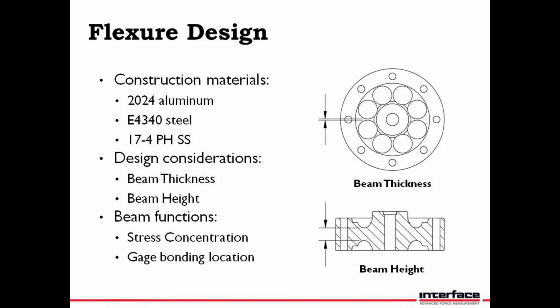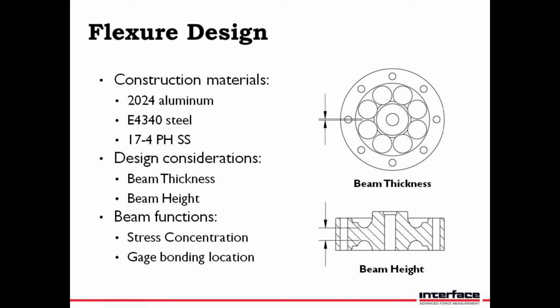Now, let's talk a little bit about flexure design. Depending on the application, or on the capacity that the sensor is meant to withstand, we look at three different materials. We use aluminum 2024, E4340 steel and 17-4 stainless steel. 2024 aluminum is typically used for capacities of 3,000 pounds and lower.